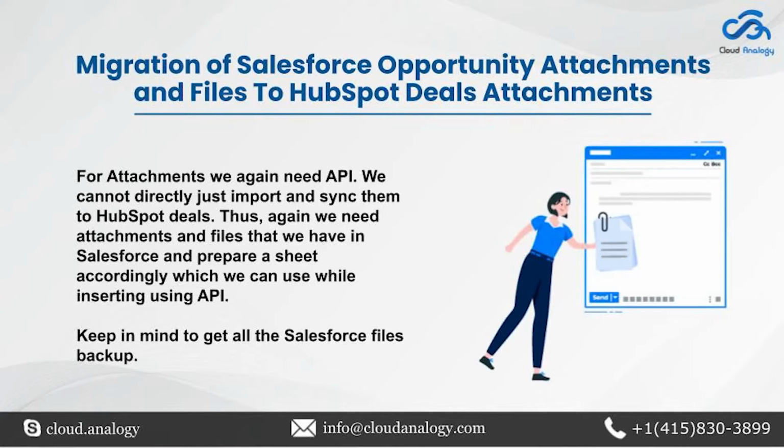That content document version ID is the name of the file that we will get from the Salesforce backup. Whenever you download the complete export of all the attachments and files, the file name will be the content version ID of the content document. So we have to be very careful about that and carefully map that content document version ID on the sheet that we will use for the API.